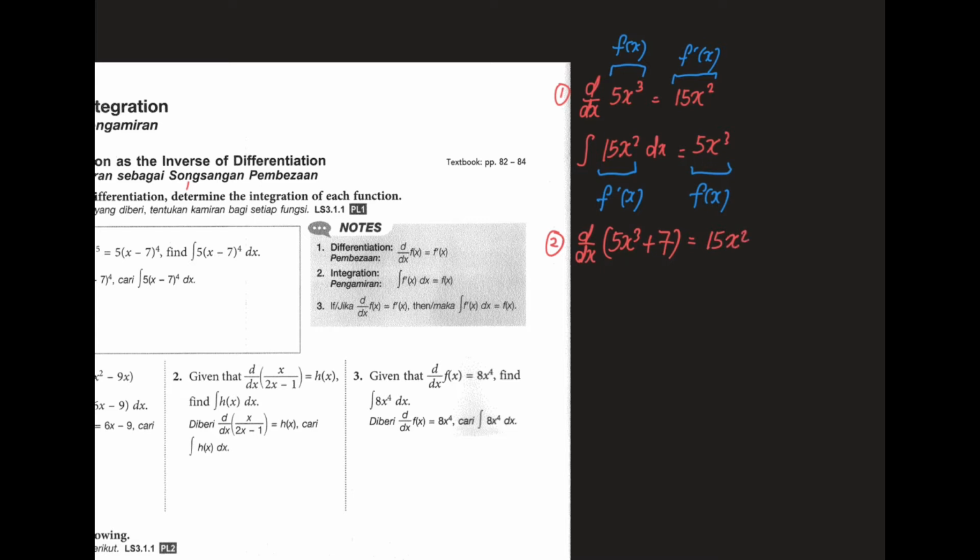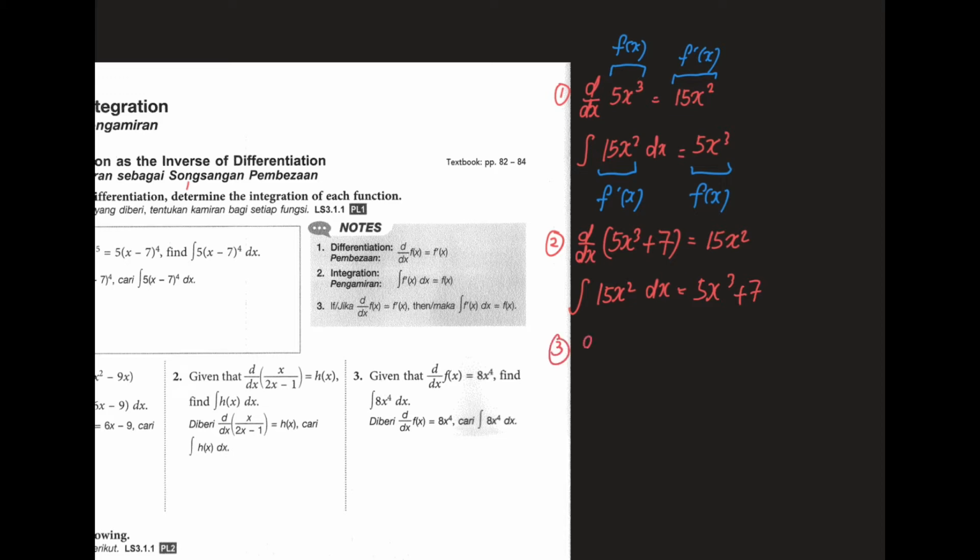The differentiation of 7 will end up with 0. So now when you integrate 15x squared, then you will get back your f(x), which is 5x cubed plus 7.